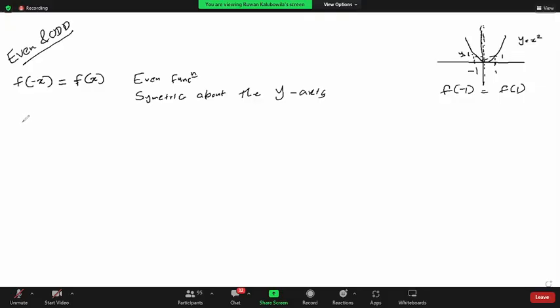An odd function is one where you find f(-x), and also find f(x) and take the minus value of that, and if these two are equal, then we call this an odd function.